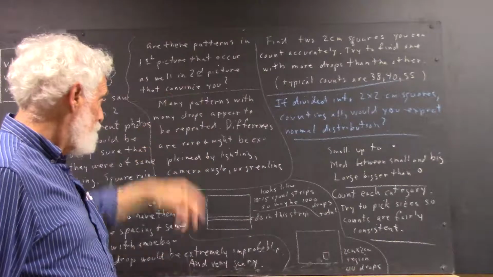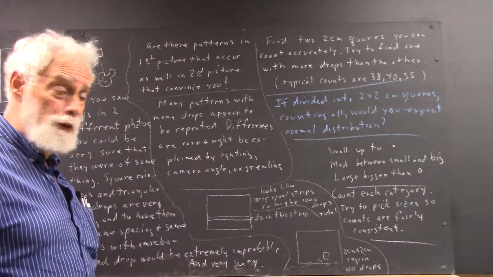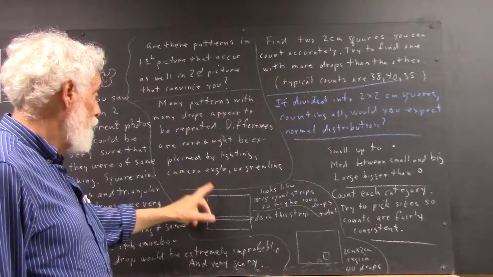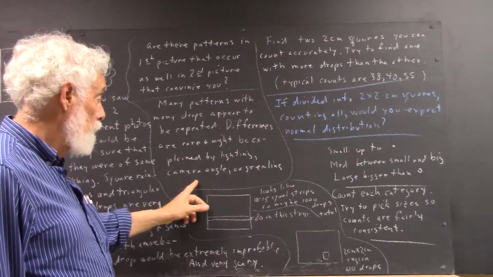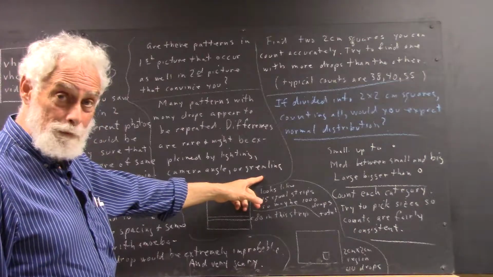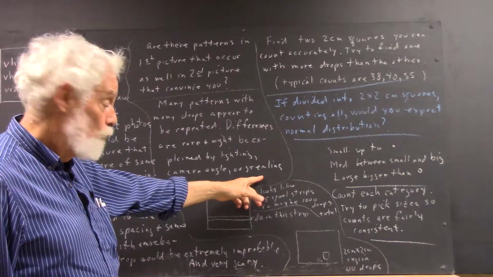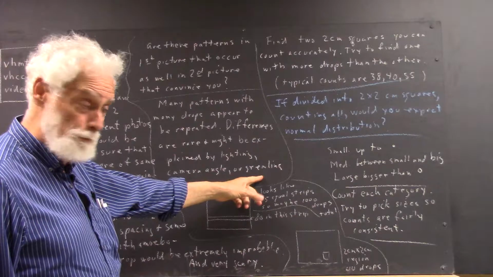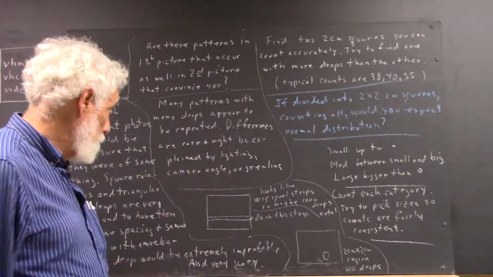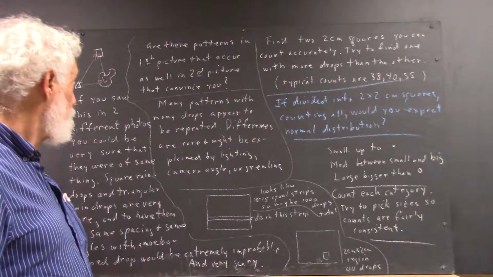So I list three things that might account for differences: lighting, camera angle, or of course, gremlins, thirsty gremlins that suck up water droplets when we're not looking. Well, I don't know about the gremlins, but lighting and camera angle, okay.